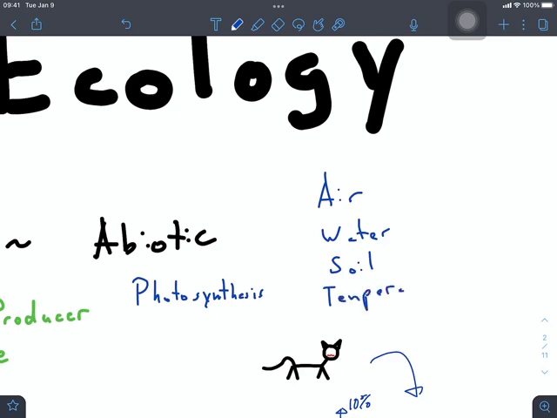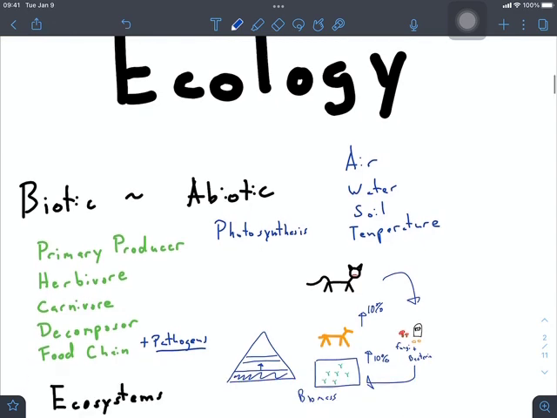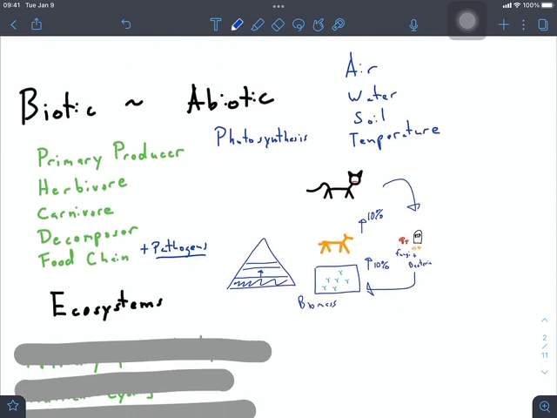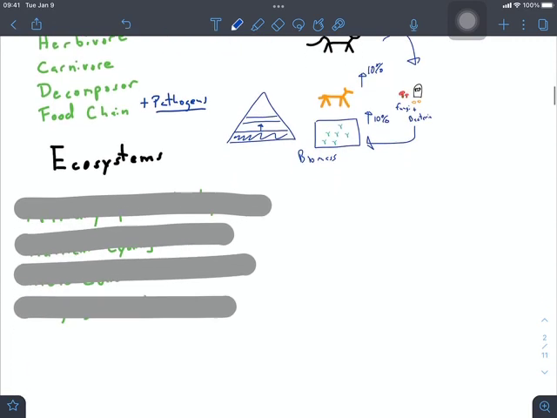This helps us understand how ecology varies across different areas of the planet. Now, in order to study these biotic and abiotic systems, we're going to classify them based on similarity in order to group them into what we call ecosystems.